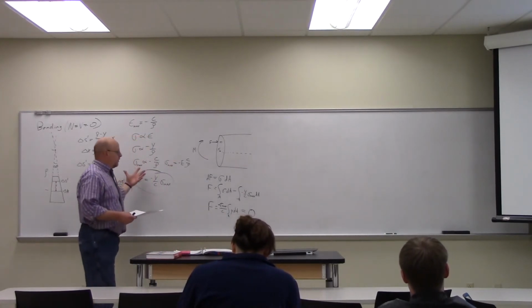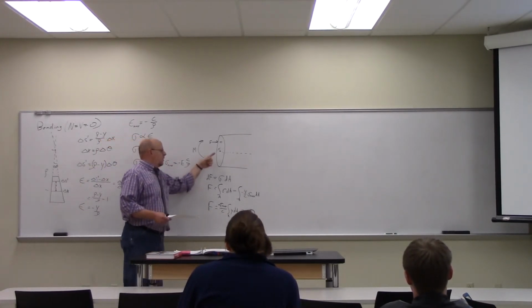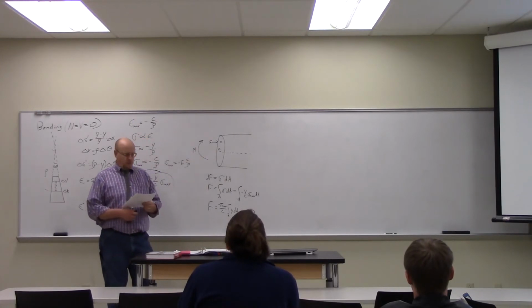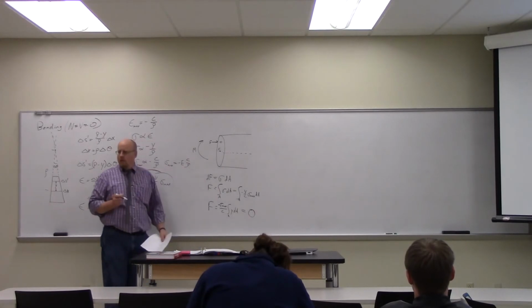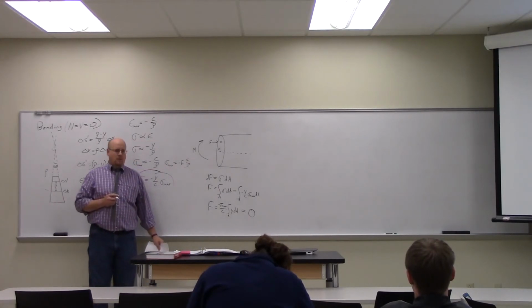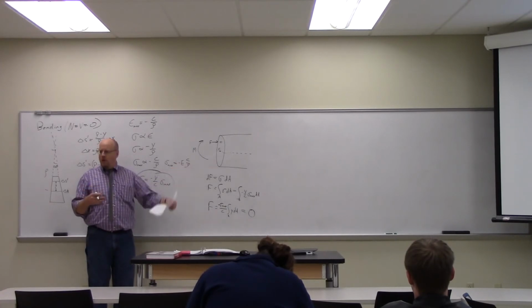So, because we know that the force is 0, we know that our neutral axis must pass through the centroid. But we do have an internal moment, M, which is the applied moment for the simple case of the bar with a single moment.